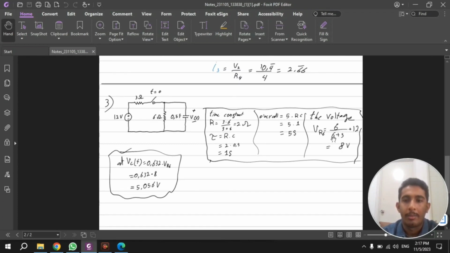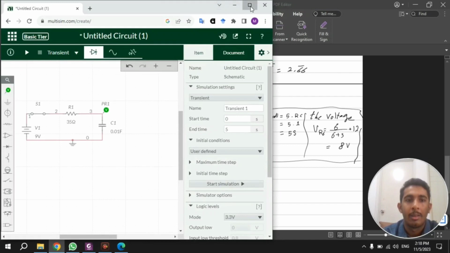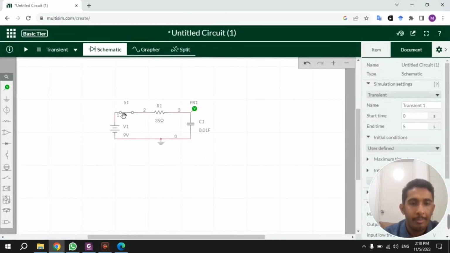So taking this voltage, we're gonna have this equation. It's gonna be 0.6. We're gonna see it in the graph later. Multiply by 8, the voltage in here, we're gonna end up with 5.056 volts at 5 seconds in here. We're gonna see it more in here.